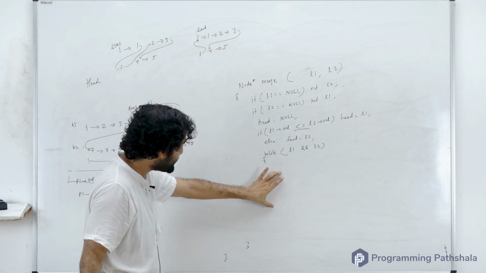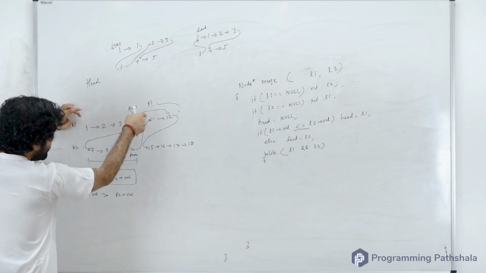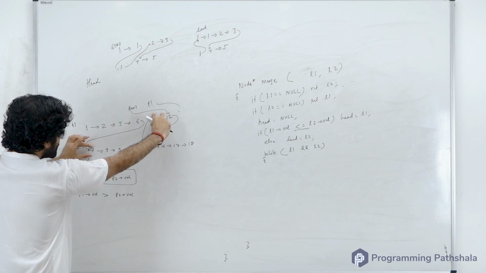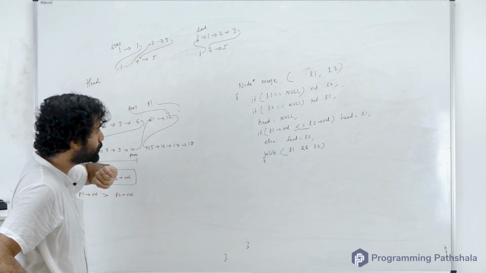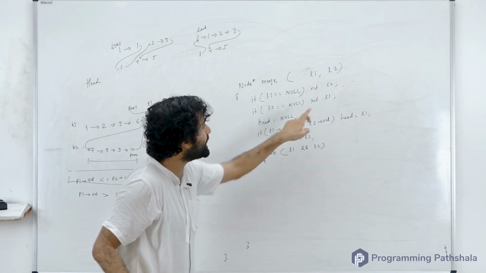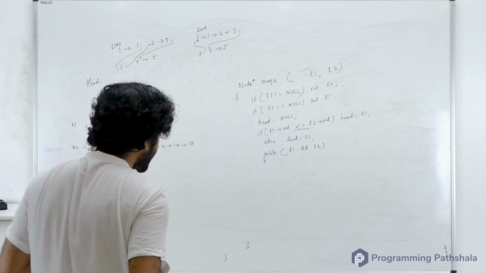So all that I am saying is that the logic of moving P1 as long as you do not get a value greater than this should first be written for list 1, and then it should be written for list 2, because you have given preference to list 1 to become the head in case of equality. So that is the only thing that I have to be aware of.